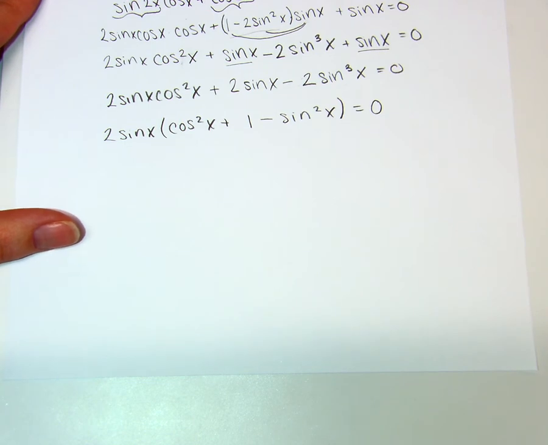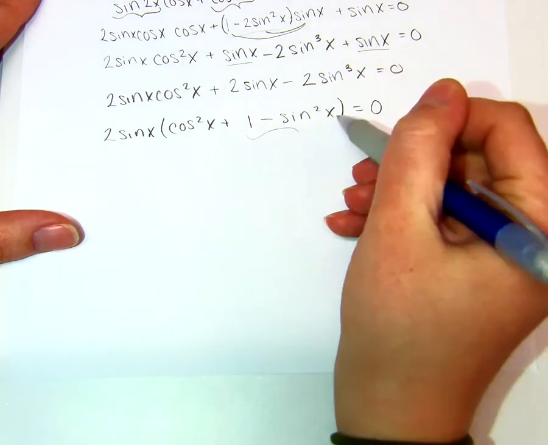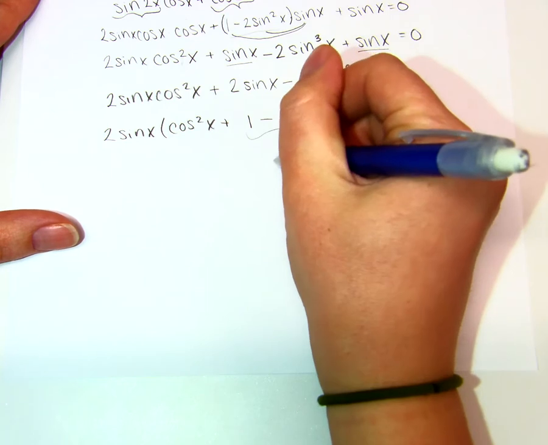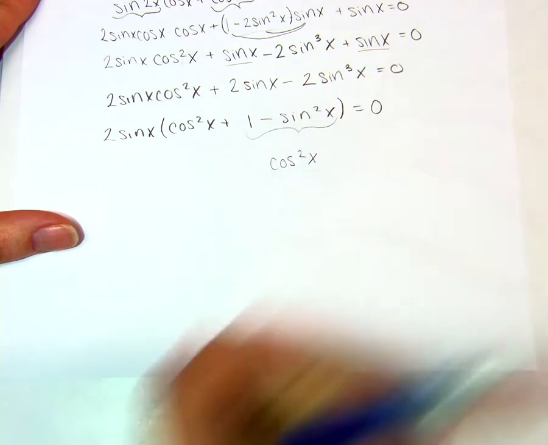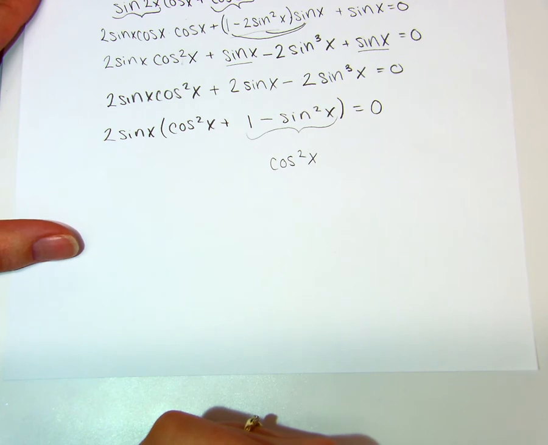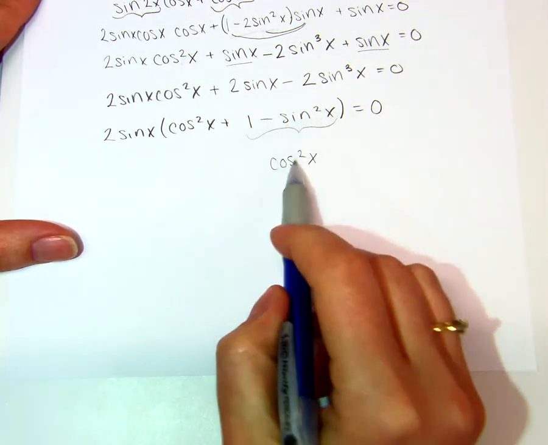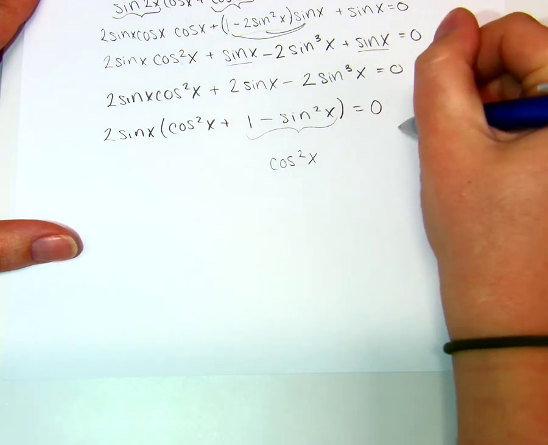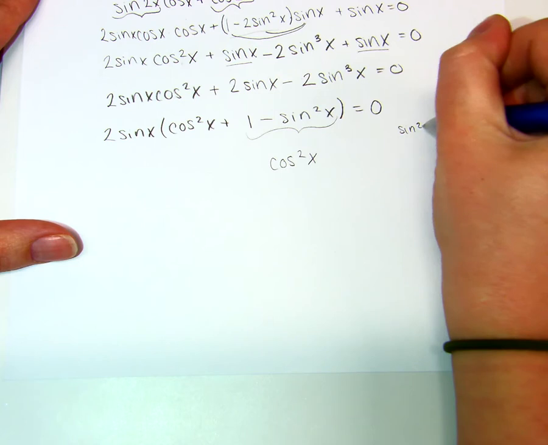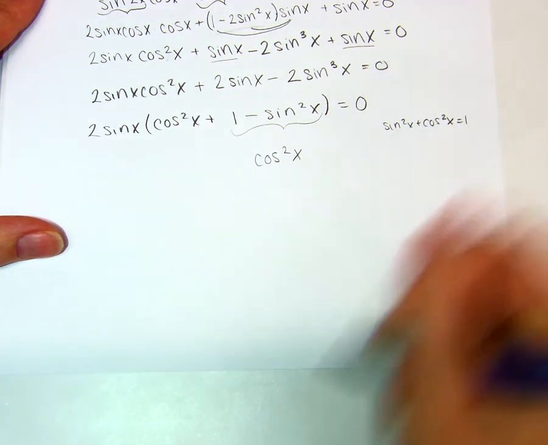So I'm getting closer to what I want. If you know Pythagorean identities, this you should identify as cosine squared x. So 1 minus sine squared x is cosine squared x. If you remember the trig identity, I'm going to write it off to the side. Sine squared x plus cosine squared x equals 1.